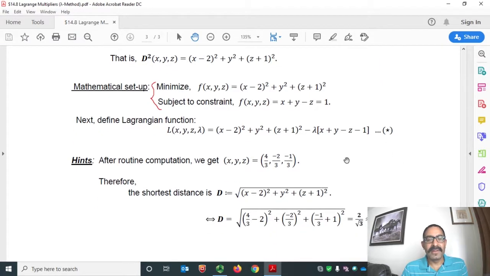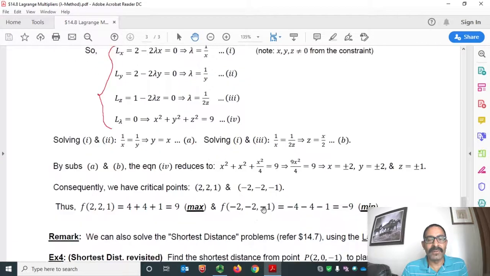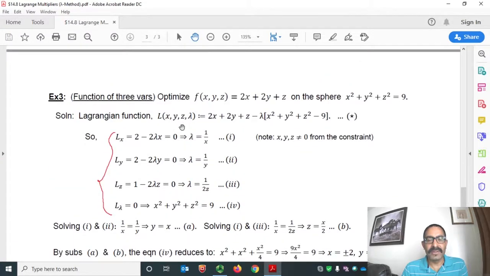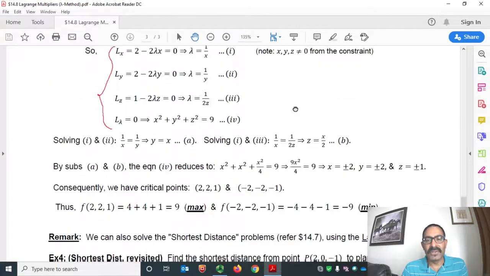I'm only giving you the hint here because this example we did in 14.7, and also the idea for a function of three variables we did in example 3 here. So now exactly follow this routine computation.